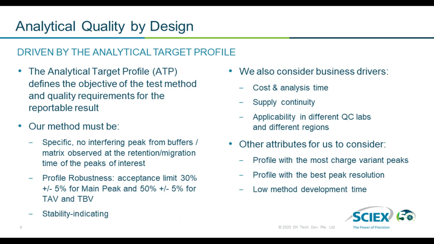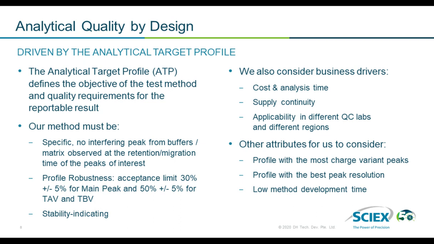We would also expect it to be robust and still stability indicating, so that any changes we see from lot to lot or on stability are truly indicative of the molecule and not the method. We don't want our other groups coming to us and not believing the data we're providing them.